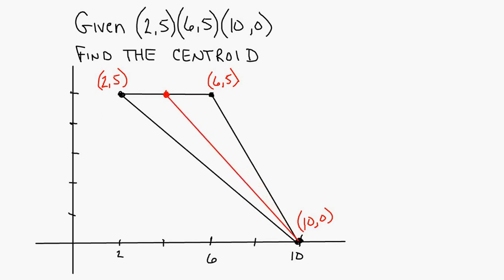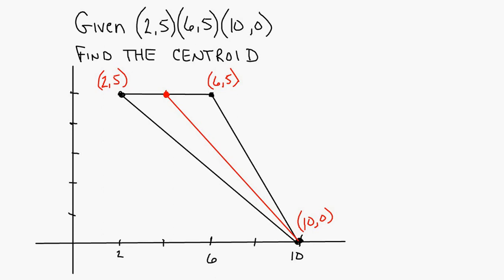Agreed? Now, if we find one more median, where the first two medians intersect is where the centroid's going to be. So find the middle of any other side. If you find the middle of this side, you got a 6 and a 10. 6 plus 10 is 16, divided by 2 is 8.